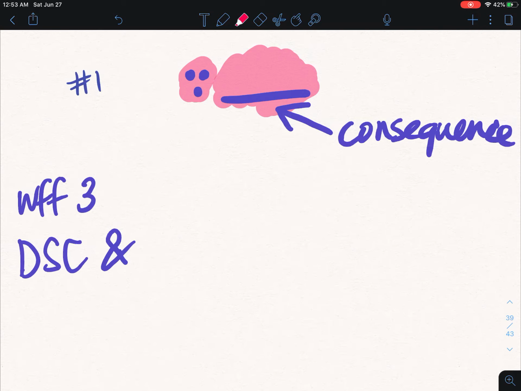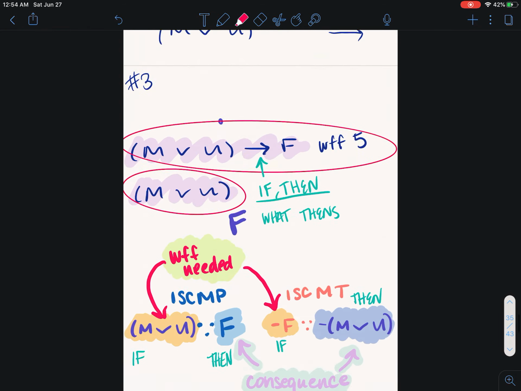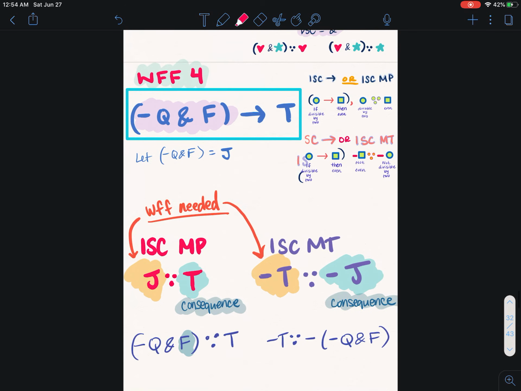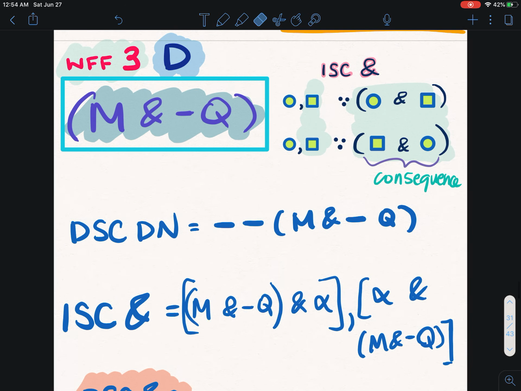And our clues, what he's saying is that the answer is going to be here and here. So now we go back to wolf number 3. So we have wolf 3 here. And what we remember was that it said DSC and, so now we have wolf 3.